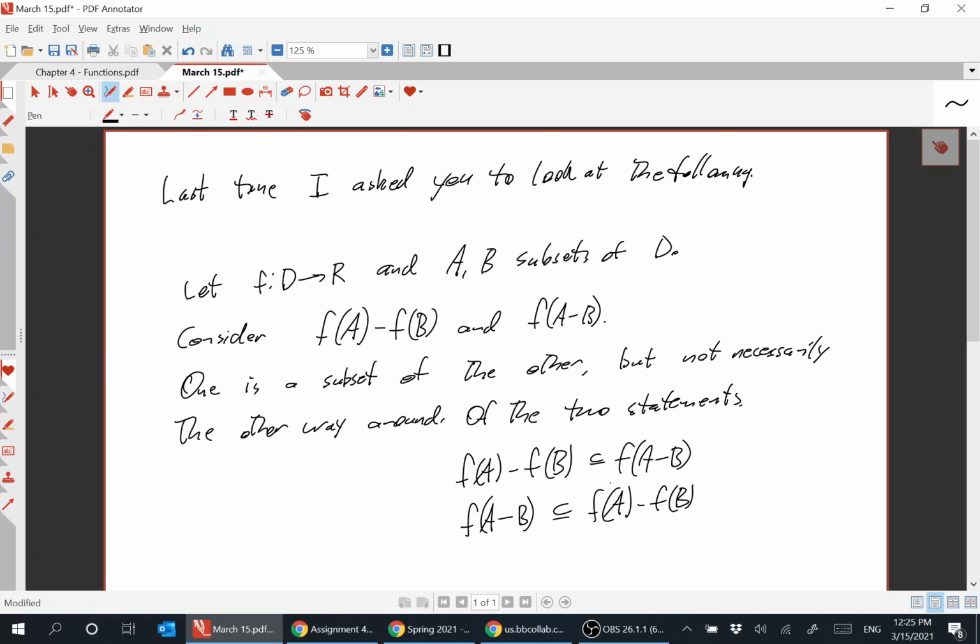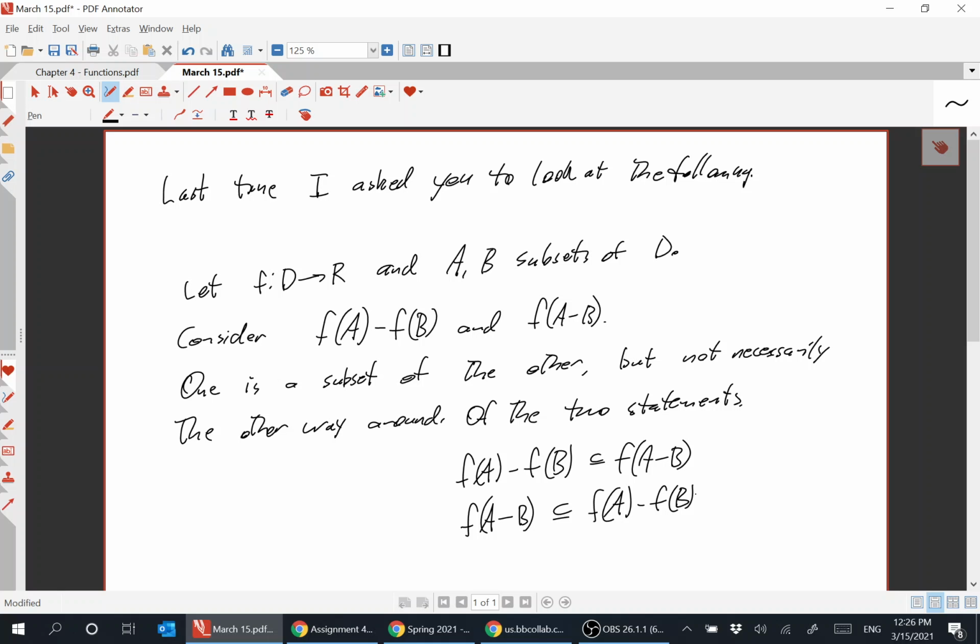Anybody figure out which one was true and which one was false?